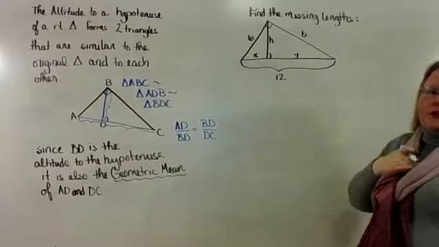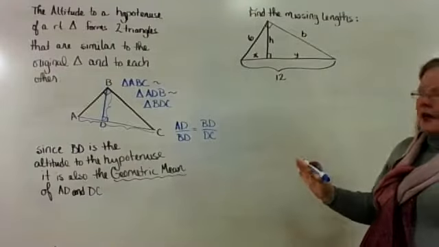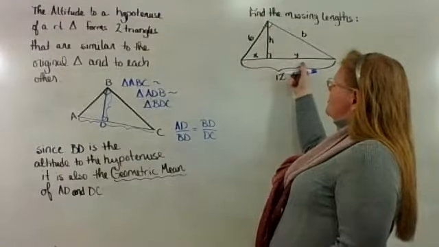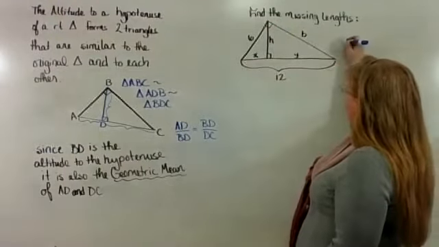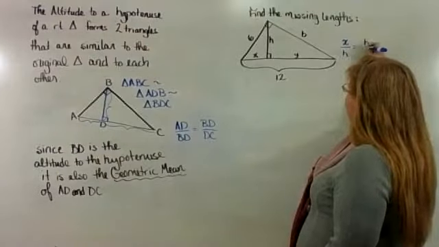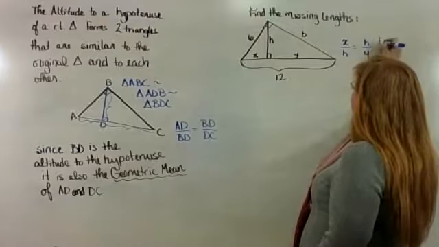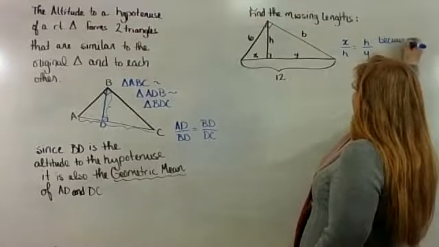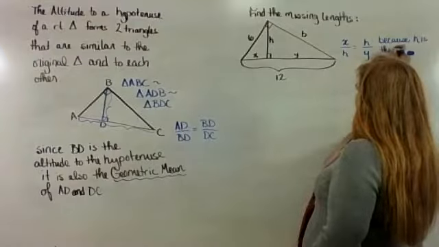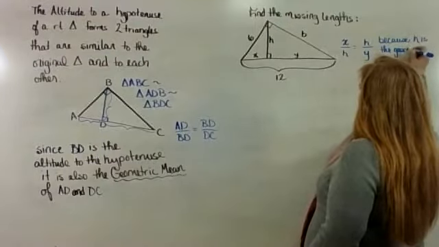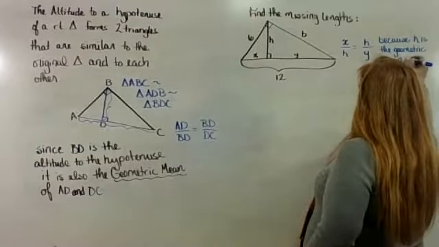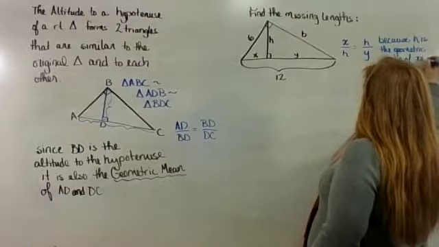So I'm going to start with the information that I know. I know that h has to be the geometric mean of these two, so I'm going to go ahead and write that down. x over h has to equal h over y, because h is the geometric mean of x and y.